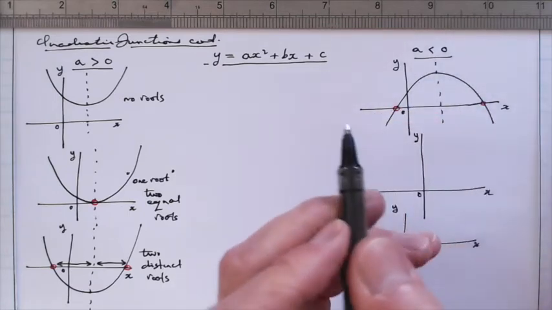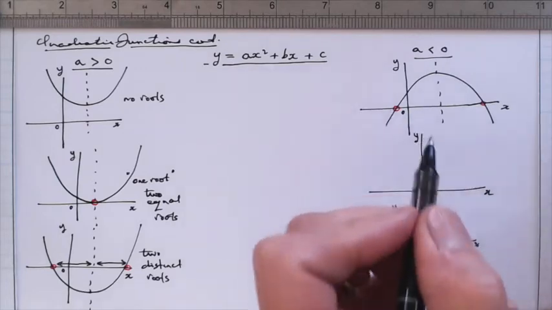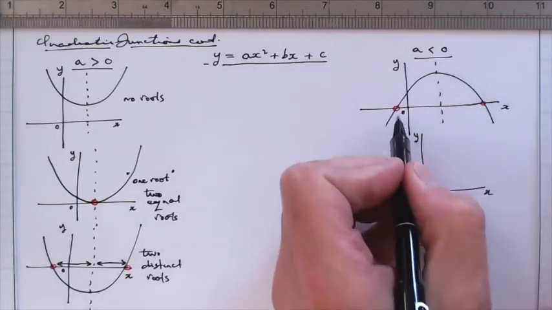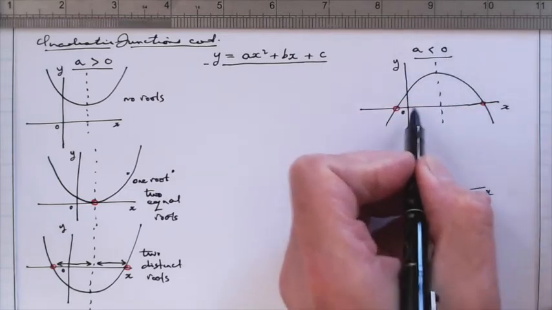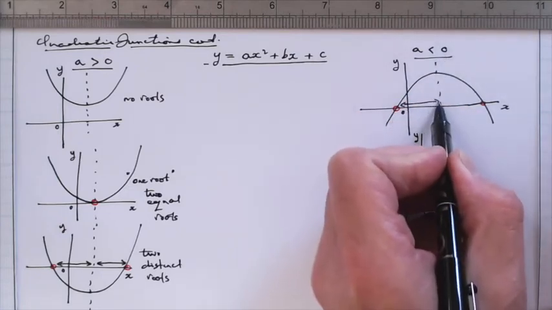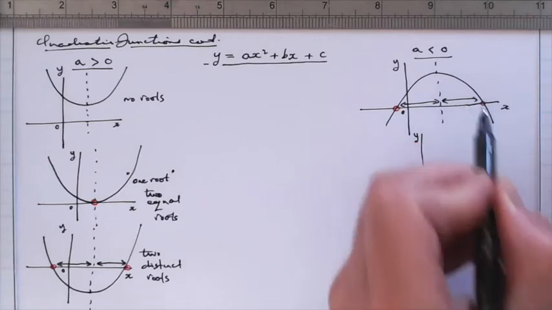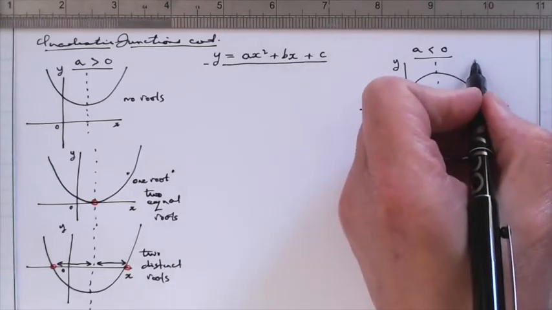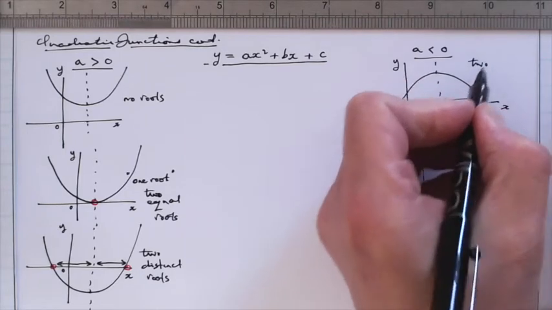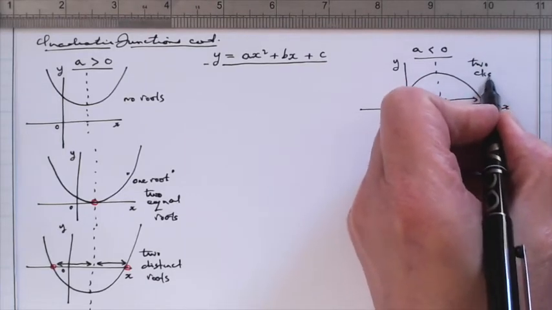The values of b and c, I don't know, but in this particular case, it looks like this, and it has two roots. And again, there's a mirror of symmetry, and these two roots are equidistant from that mirror. So again, for this particular one, we would say there are two distinct roots.